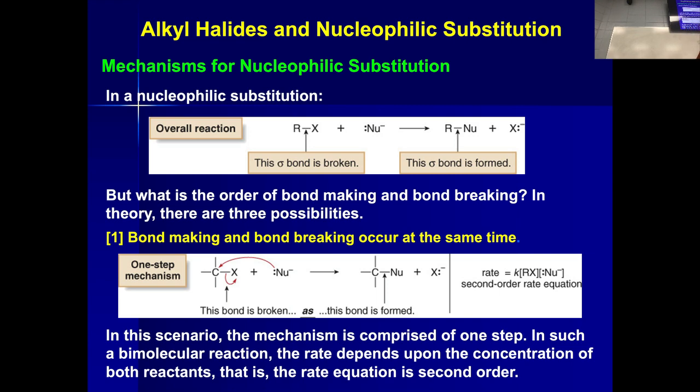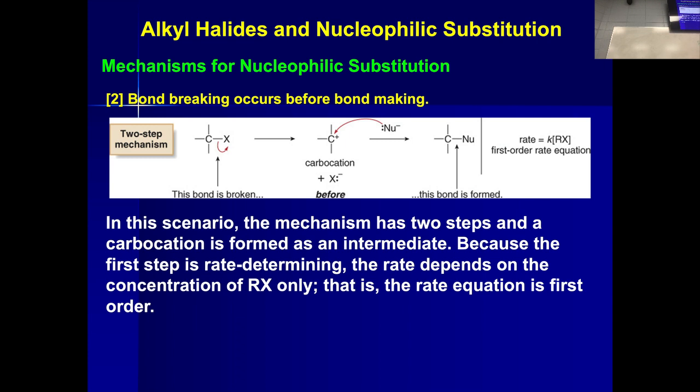We said there was another possibility too. We proposed anyway, why couldn't the alkyl halide, in this case I'm going to use iodide again, why couldn't the halide leave first?